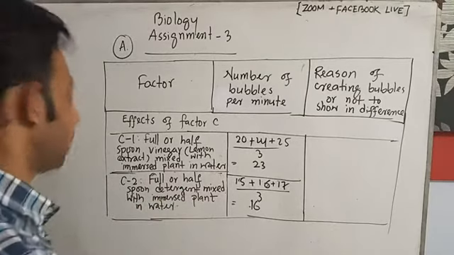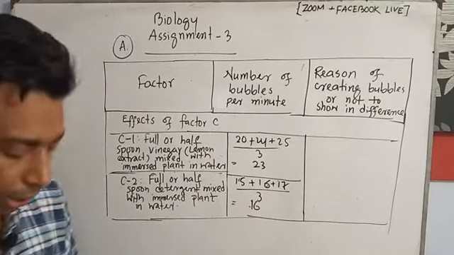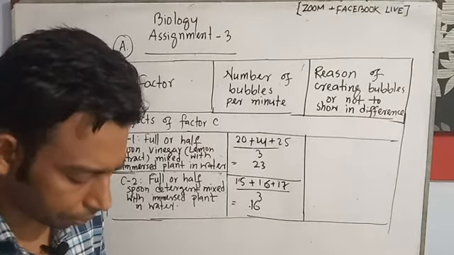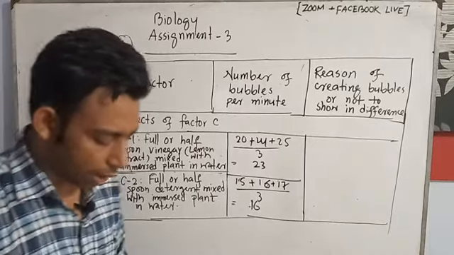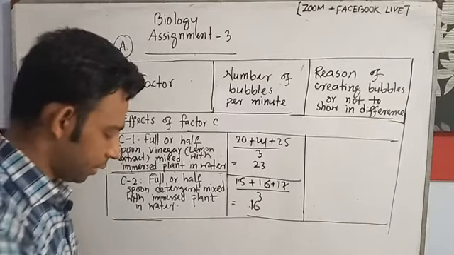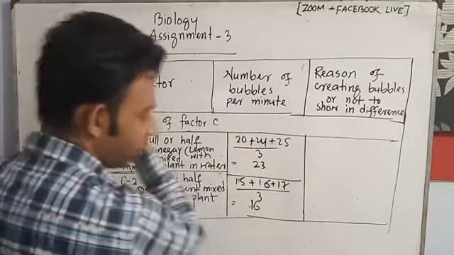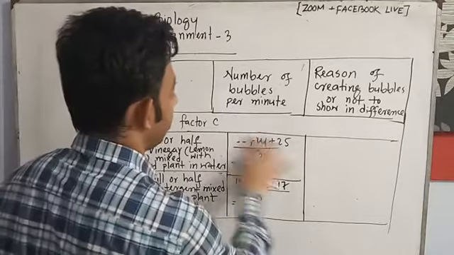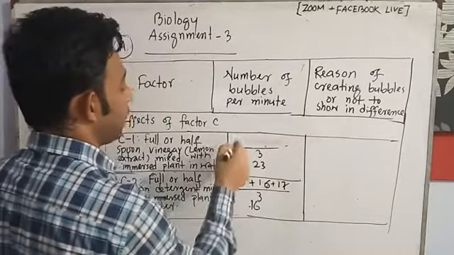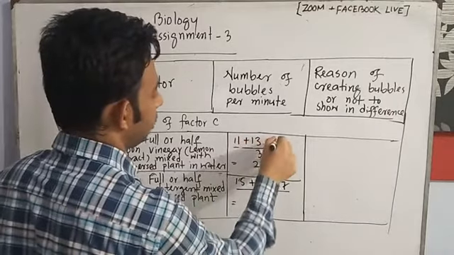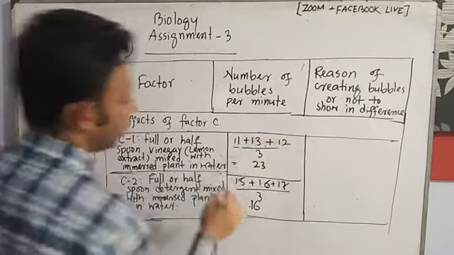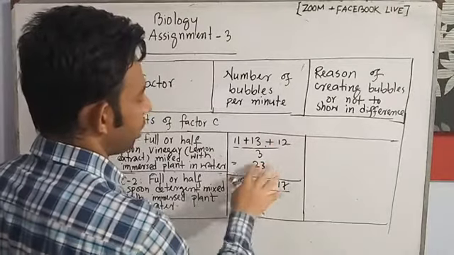So what are the experimental findings I got from there? Experimental findings. The third one, very roughly, I got this one. In that case I got 11, then 13, then 12. And the experimental result is 12, number of 12.